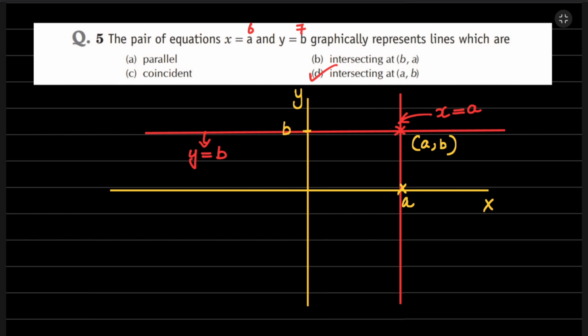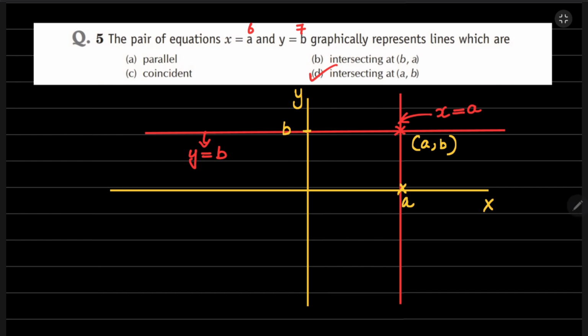If it is x equal to 6 and y equal to 7, they will intersect at 6 comma 7. So based on this result, you can write other answers immediately. A can be any positive number and b can be any positive number, and they will always intersect at a comma b. So this is a result which you can make a note of.